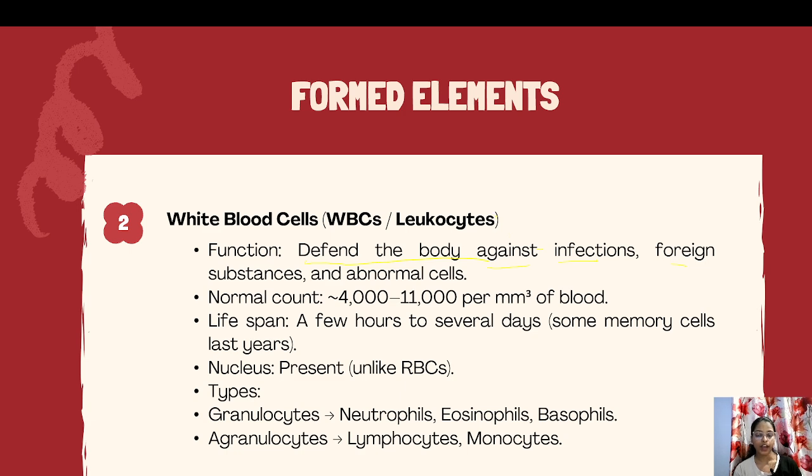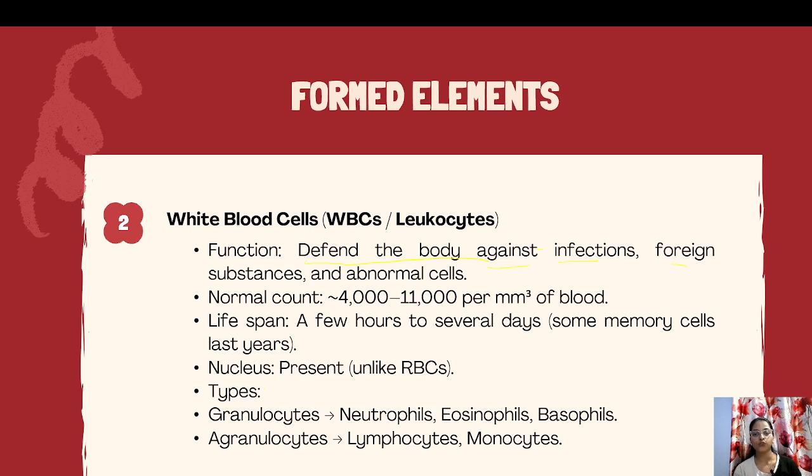Now, there are different WBCs present in our body, and these WBCs are involved in formation of immunoglobulin. Then the lymphocytes are present, which engulf the foreign particles, engulf the bacteria, and from that function they are involved in defense mechanism. They can fight against the foreign substances which can be harmful to our body.